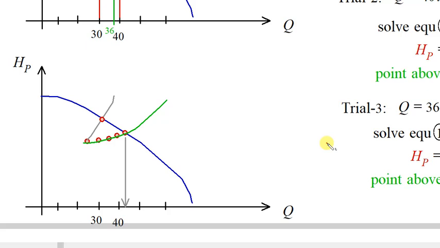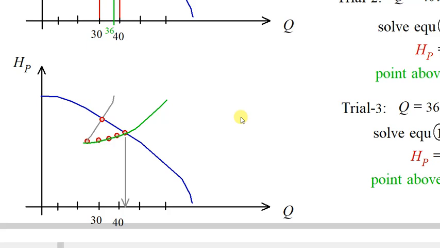We prefer to solve it by assuming Q, because even if you assume HP, you can't know the friction factor F. You will see later. For F friction and so on, assuming Q is more reasonable, so that you don't need trials for F that much. Here there are no trials. I will show you what I mean.